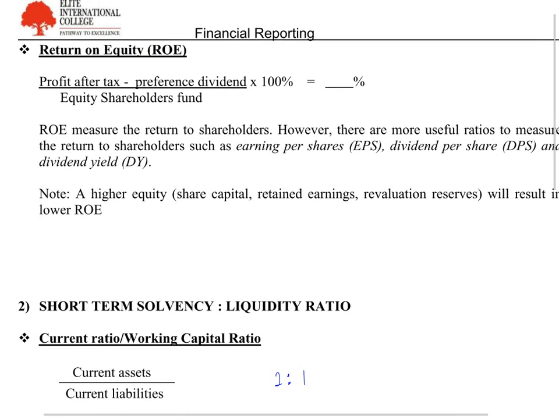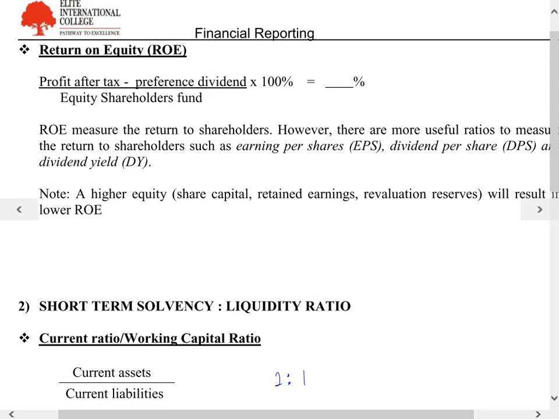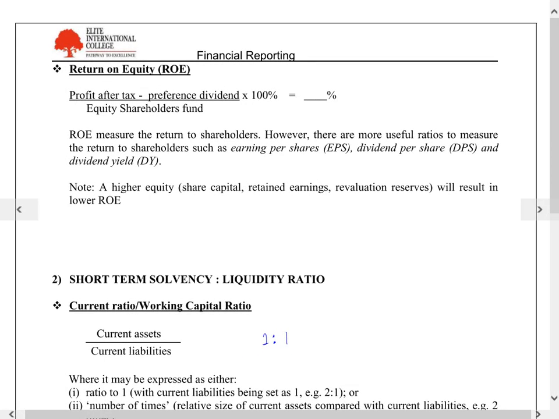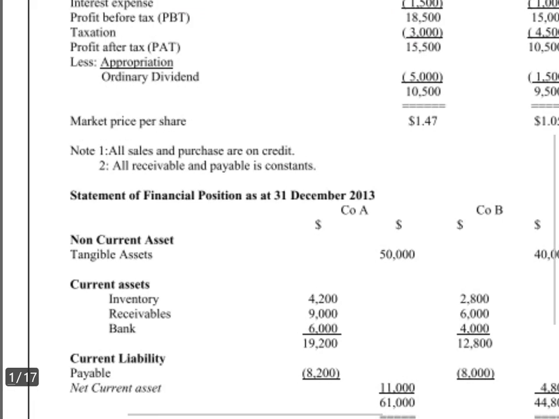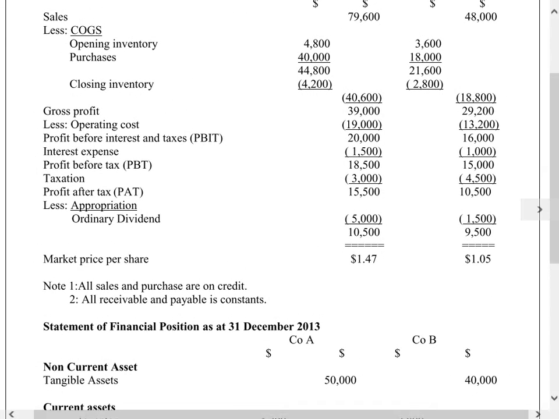ROE is profit after tax minus preference dividend. Where is my profit after tax? Here, 15.